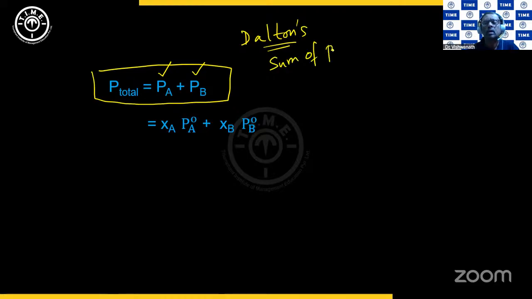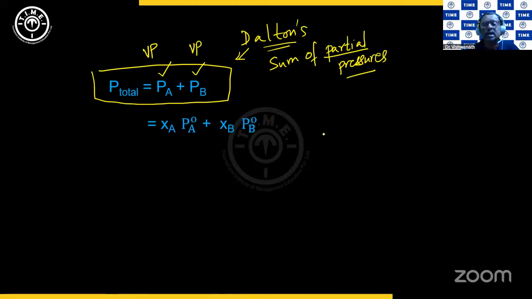The same idea has been borrowed from Dalton's law and applied here for Raoult's law. Dalton's we said was gas in gas, Raoult is for liquid in liquid. So the total pressure, PA plus PB, is exactly borrowed from Dalton's law, right? Whereas these are what? Vapor pressures. Those are partial pressures of the gas. These are vapor pressures of the two liquids.